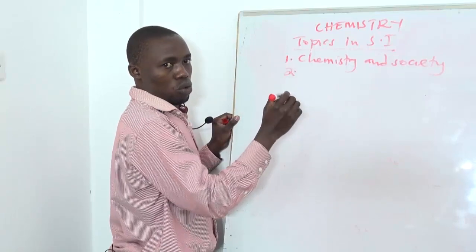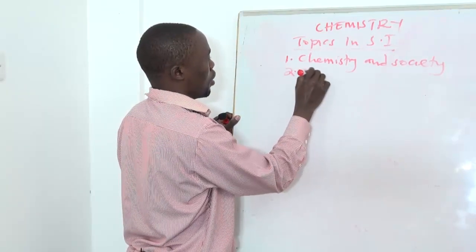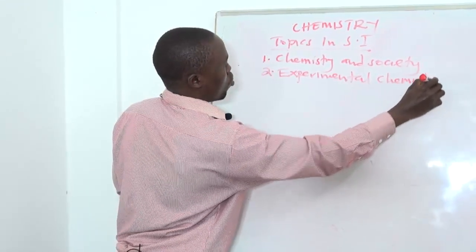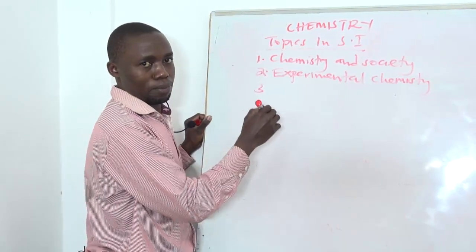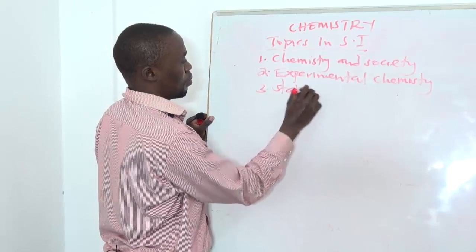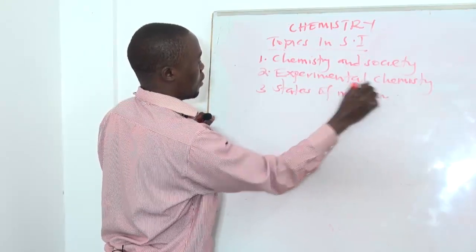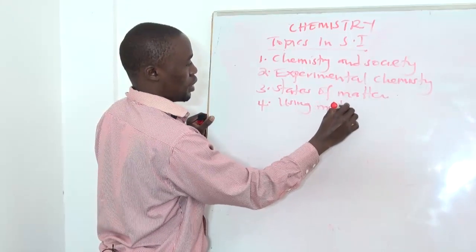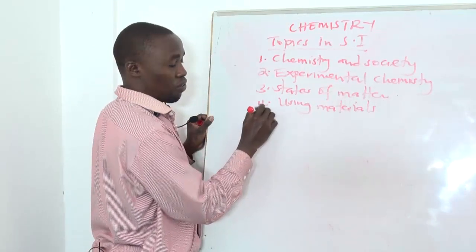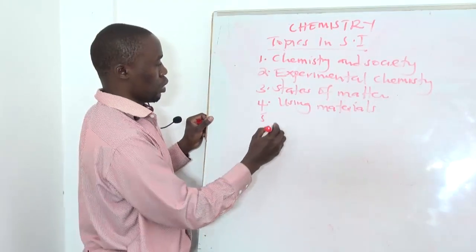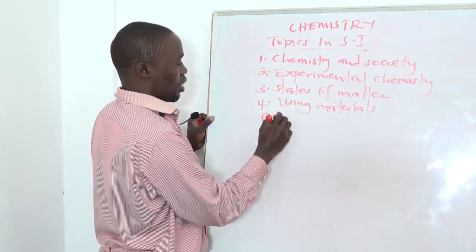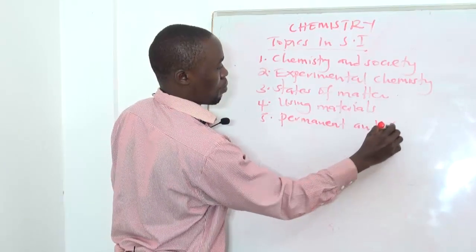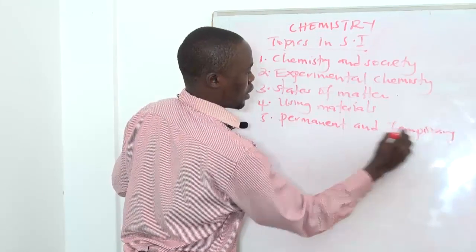Then too, we shall look at experimental chemistry. That's the next topic. The third topic is states of matter. Then the fourth topic will be using materials. The fifth topic will be permanent and temporary change.